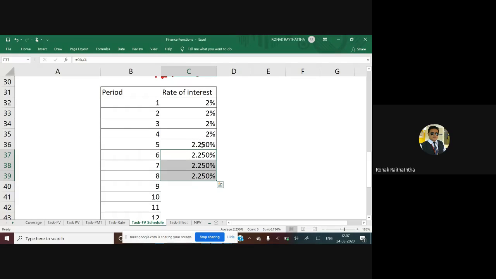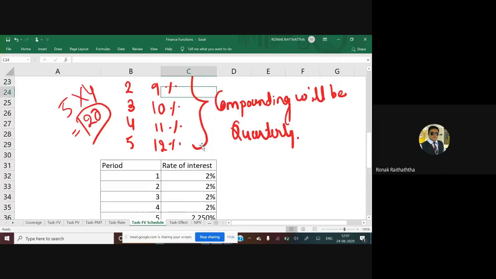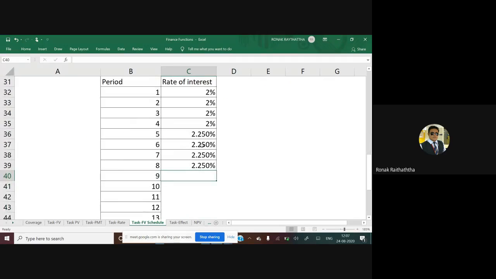Try to understand the schedule is always prepared on periodic basis. So whatever the period of compounding which you have taken, accordingly you will have to prepare the schedule. If it is monthly, you will have to prepare for each month by dividing the rate of return. Okay, then in year number 3, she has expectations of 10%, so equal to 10% divided by 4, and that would remain up to 12th period.